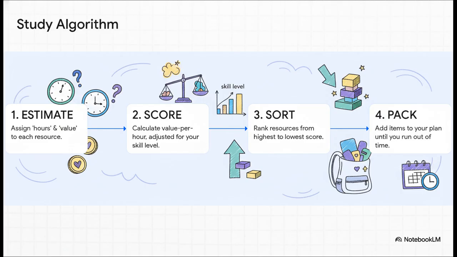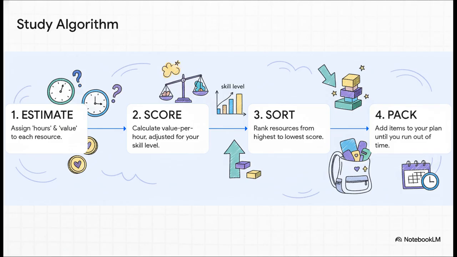That's your call. Second, you score each item. This is basically its value per hour. You might also adjust this score a little. A resource that's a perfect match for where you are right now gets a small boost, while something way too advanced gets a penalty. Third, you sort all your resources from the highest score down to the lowest. And finally, you pack your knapsack. Just start adding items from the top of that sorted list into your plan until you run out of time.